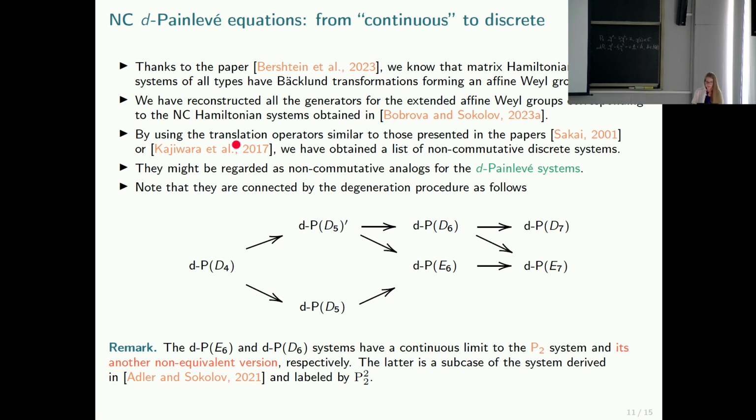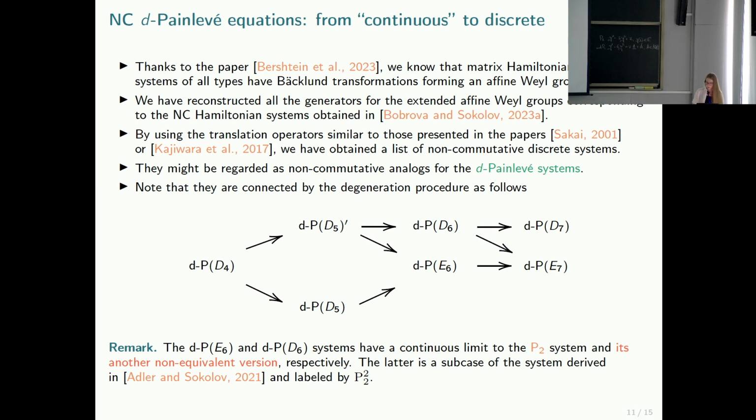Now we can reconstruct all the generators for these extended affine Weyl groups for the non-commutative Hamiltonian systems obtained in the paper joint with Vladimir Sokolov. Then we can use the same translation operators as in the commutative case to obtain a list of non-commutative discrete systems, which can be regarded as non-commutative analogs of the discrete Painlevé equations of additive type.